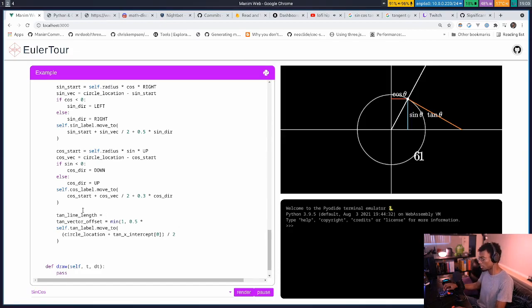So this length is going to be square root of this squared plus that squared.